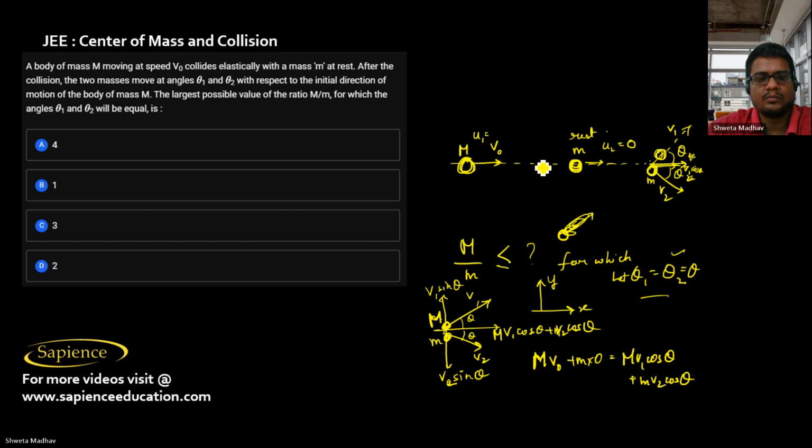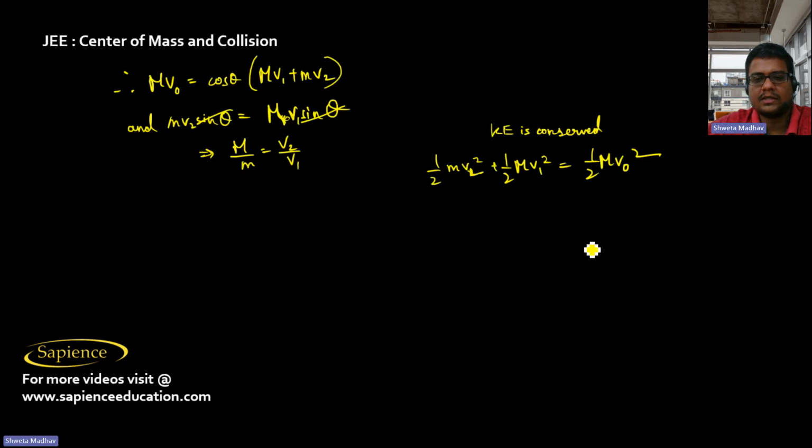So here momentum is also conserved and the kinetic energy is also conserved. Half we can cancel out. We can say M v1 square plus m v2 square is equal to M v naught square.